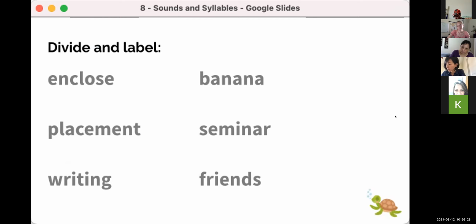Is there any difference in pronunciation between brown and brown-E? No, it's brown, brown. If we have to write brownie, then how can we write it? We are going to look at that word later in the class, but I can show you right now.